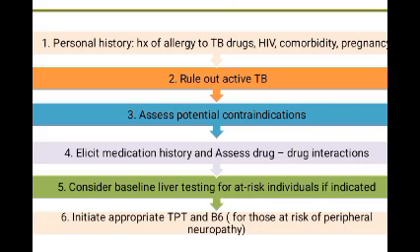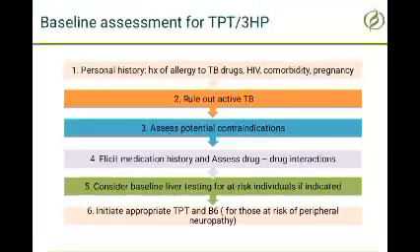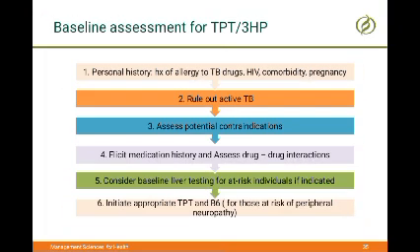Elicit medication history and assess drug interactions. 5. Consider baseline liver testing for at-risk individuals if indicated. 6. Initiate appropriate TPT and B6 for those at risk of peripheral neuropathy.